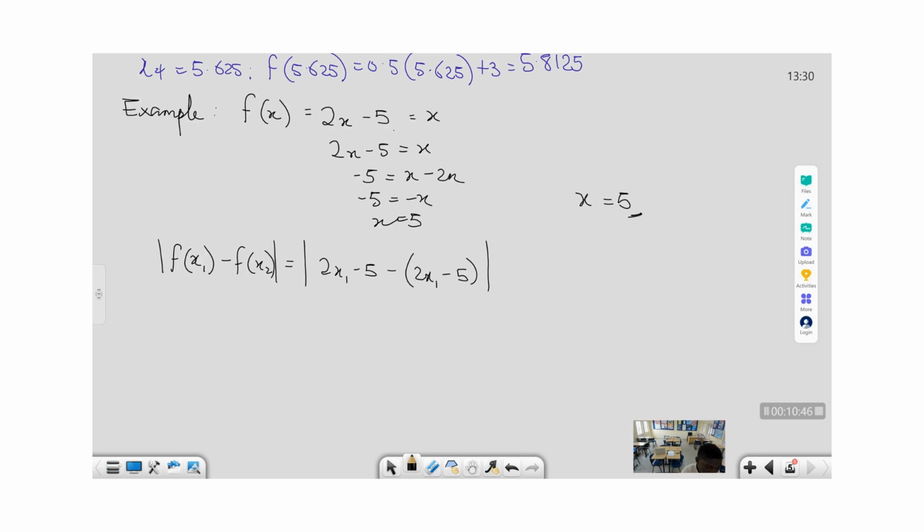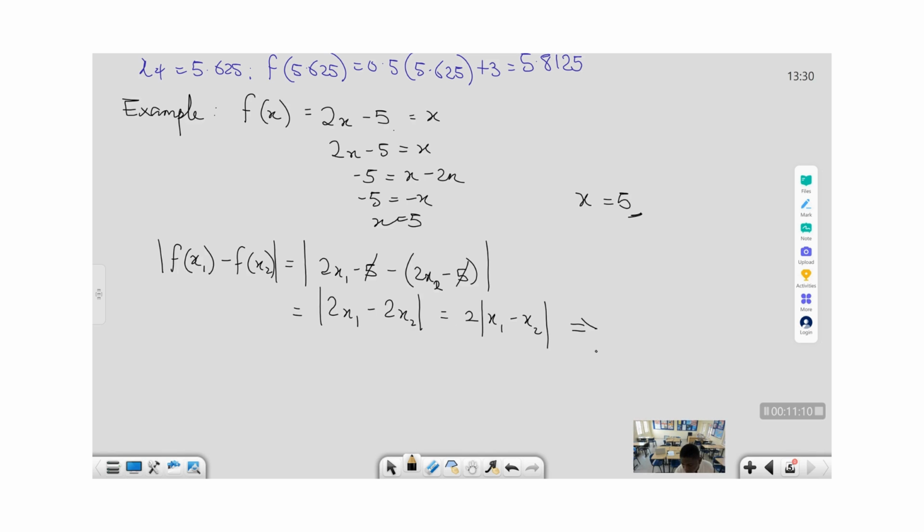If you work this out, the minus sign takes effect when you expand the brackets, and it becomes plus. So what is left is just 2x1 minus 2x2. Take out the common value, which is 2(x1 minus x2).